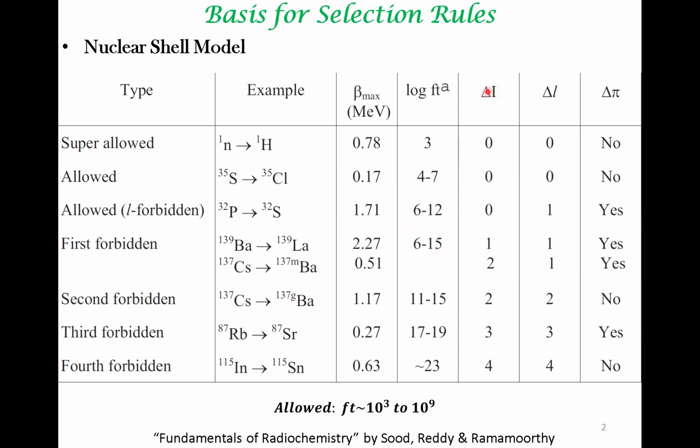So depending upon the changes in nuclear spin, angular momentum, and parity, we are able to classify that certain transitions are possible, allowed, and certain things are not allowed, or forbidden. Whenever you have a forbidden transition, log FT is much larger. You should go back and look at the way we have interpreted FT. It has to do with decay constants and so on.